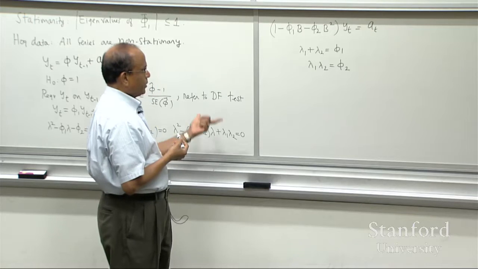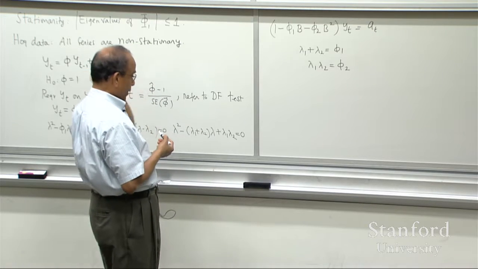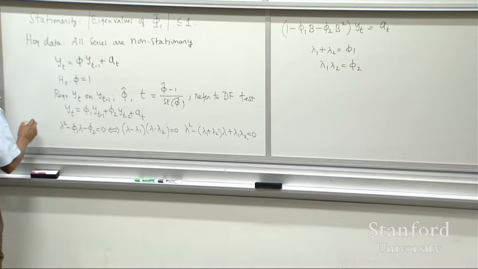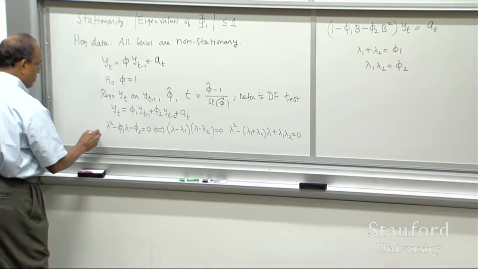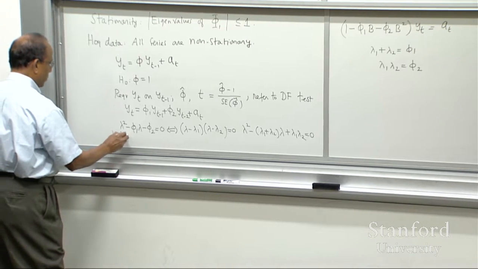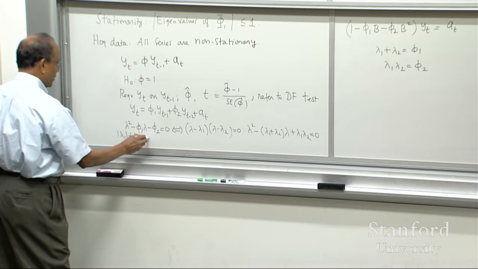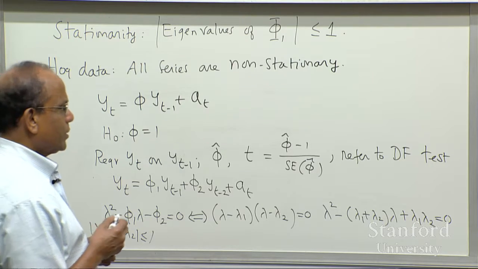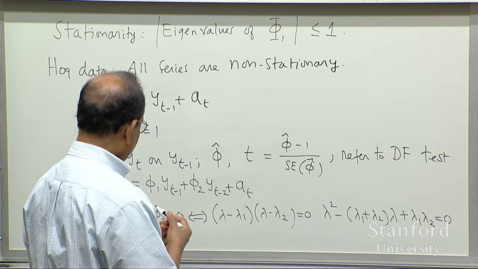Just take these quantities here and match them. And before I forget, I want to mention that both lambda 1 and lambda 2 are supposed to be less than or equal to 1. I'm going to assume that lambda 1 is greater than lambda 2.